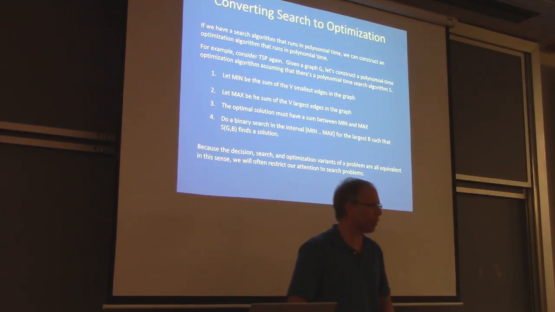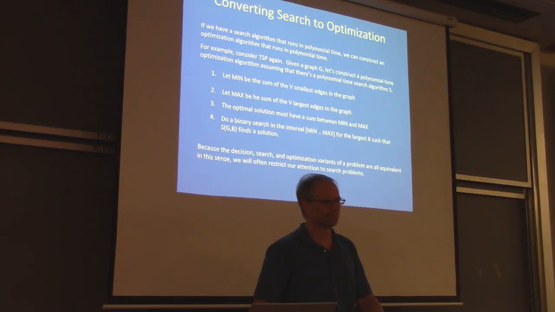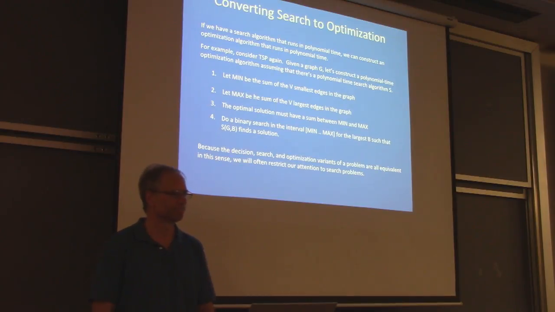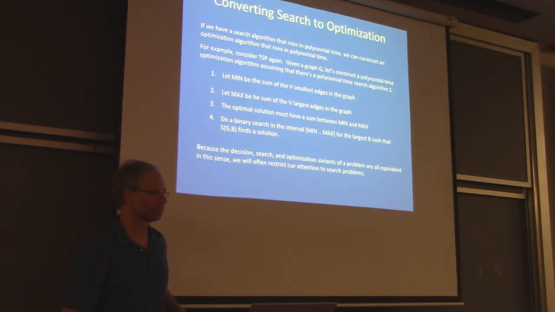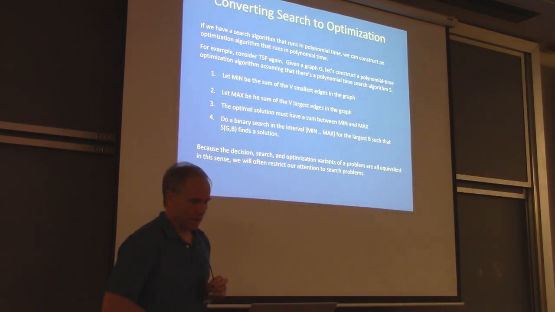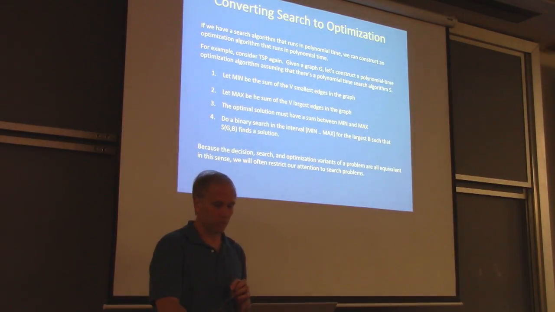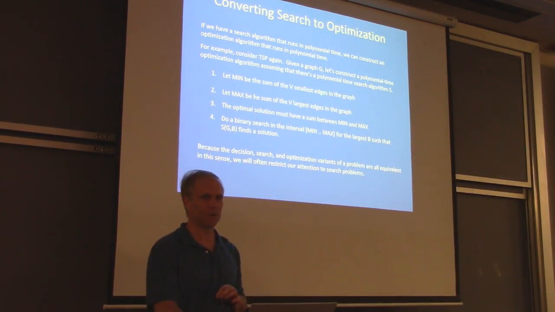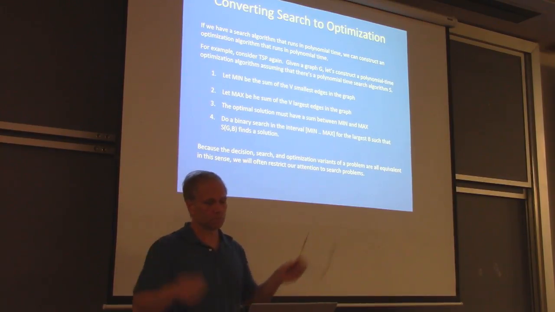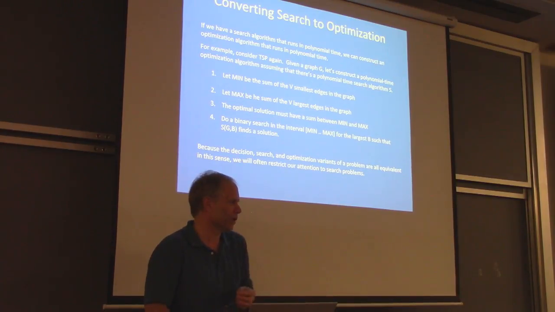No one knows a polynomial time algorithm for any variant. The best known solutions are exponential time. And it's considered unlikely that a faster algorithm will be found. That's what I'm trying to explain, why that statement I just made is true, but we're not quite there yet. So for now, what we've shown is that the decision, search, optimization distinction really isn't important.